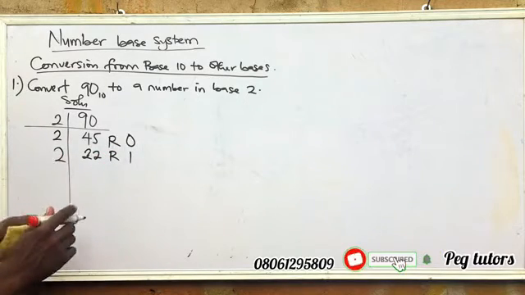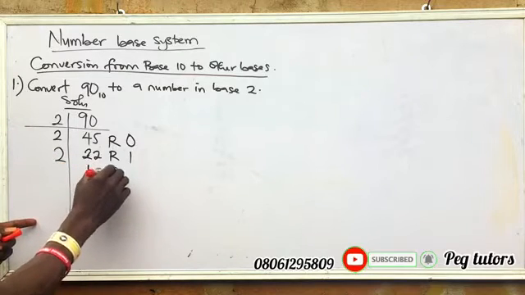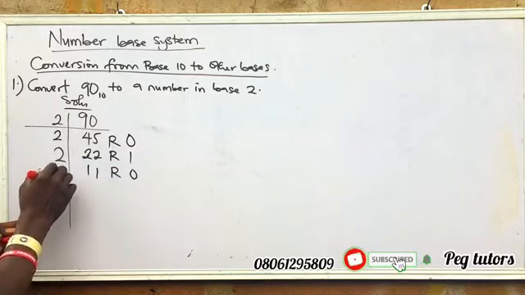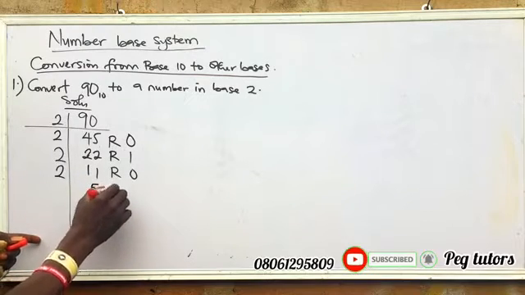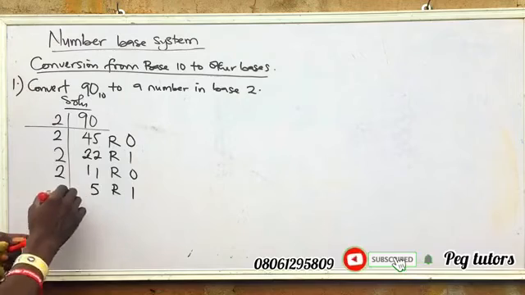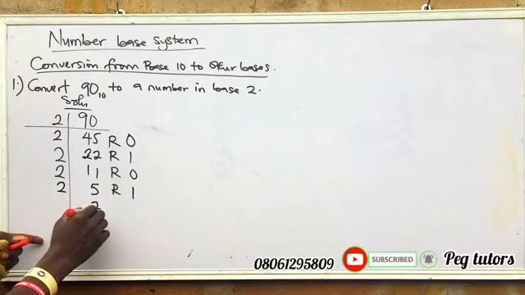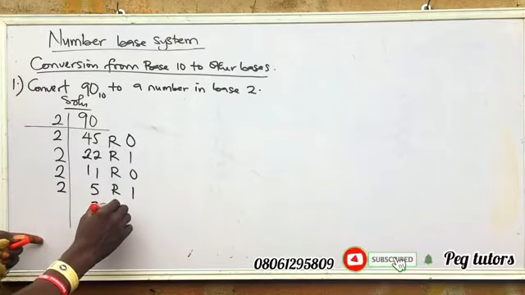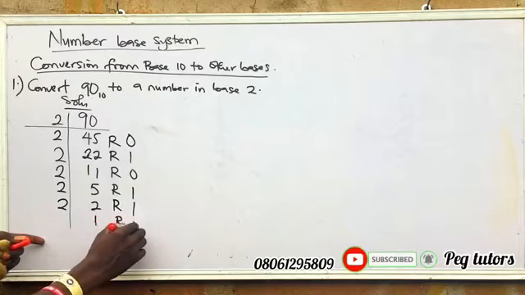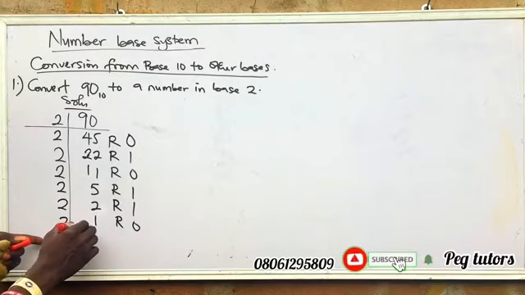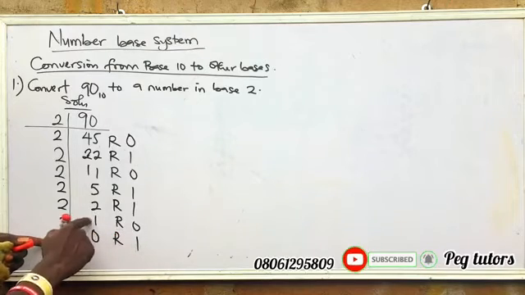Then 2 also goes into 22, and that will give us 11, remainder 0. 2 also goes into 11, that will give us 5, remainder 1. 2 goes into 5, that will give us 2, remainder 1. And then 2 goes into 2, that will give us 1, remainder 0. Then 2 goes into 1. Of course 2 cannot go into 1, so you keep it 0, remainder that 1 that is here.